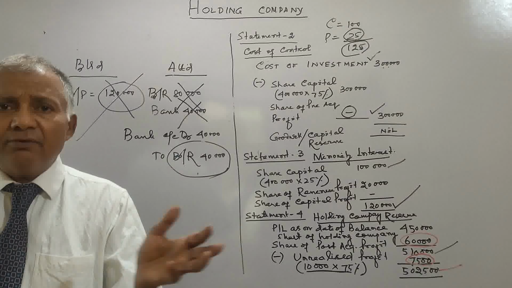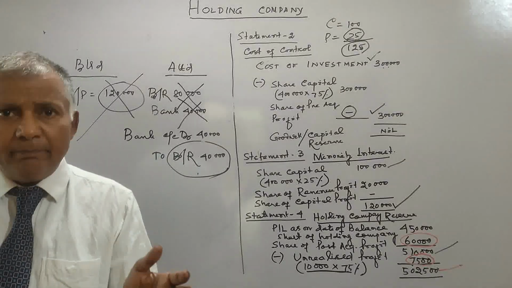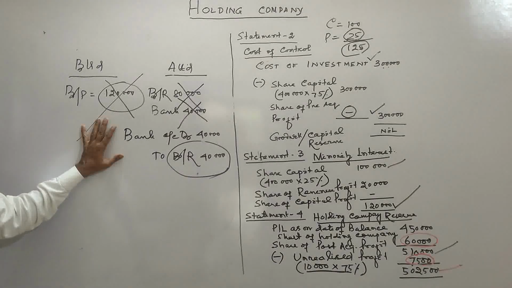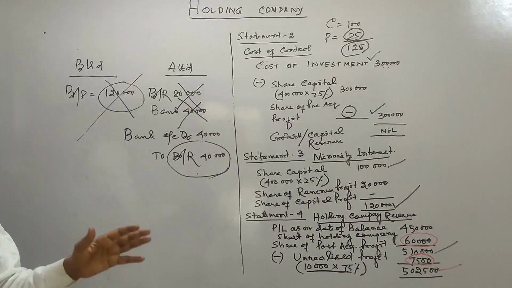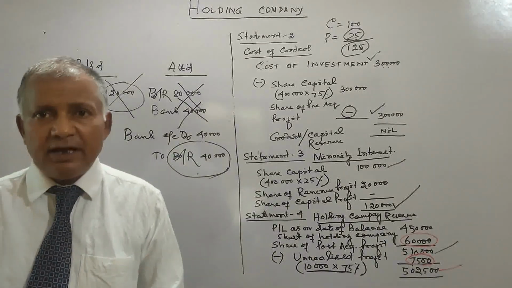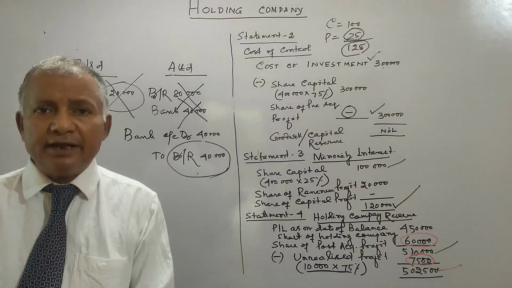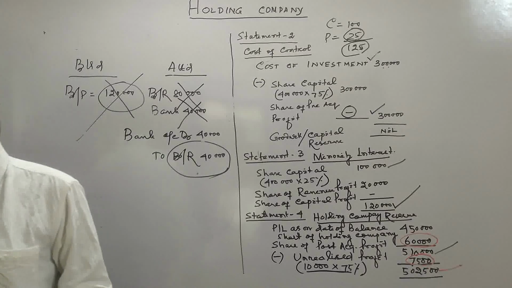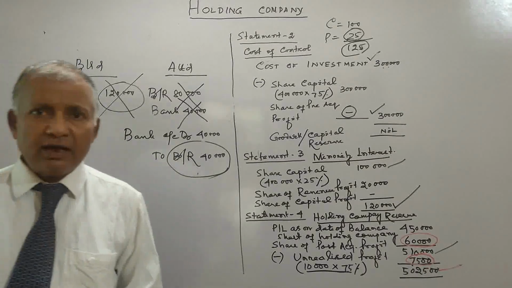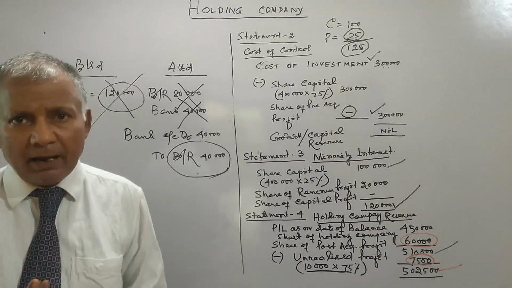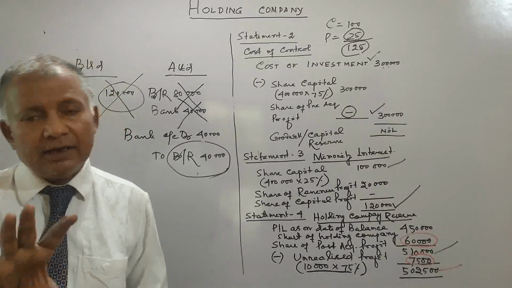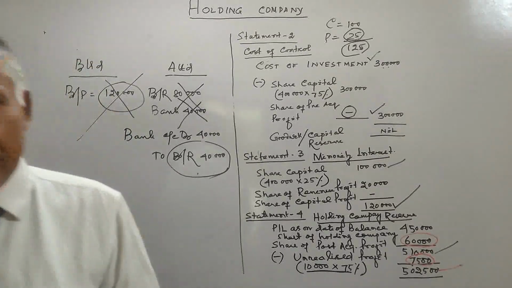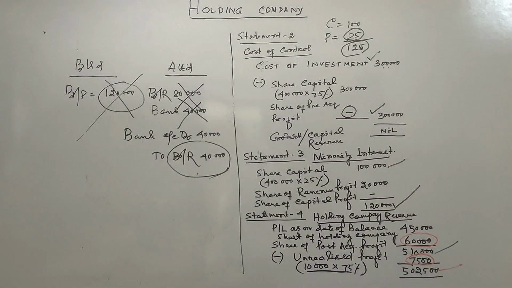These current accounts are automatically balanced, therefore they will be eliminated in the consolidated balance sheet. So friends, these two adjustments are to be kept in mind while preparing your balance sheet. Let us go to the balance sheet right now.